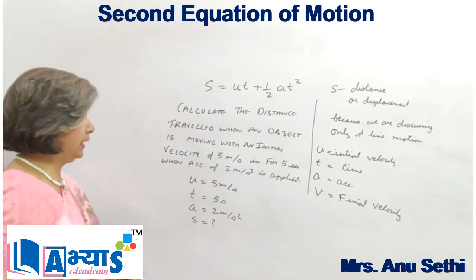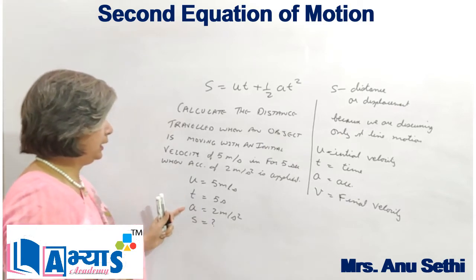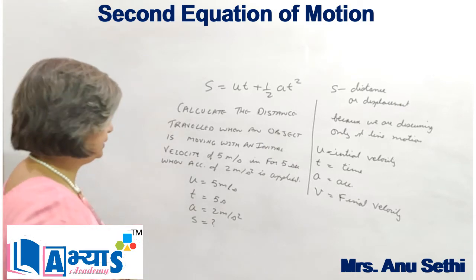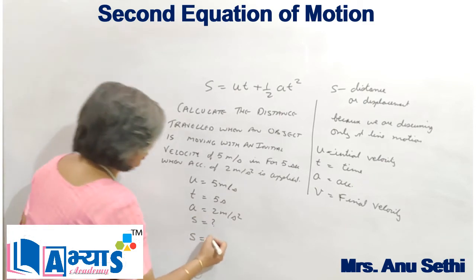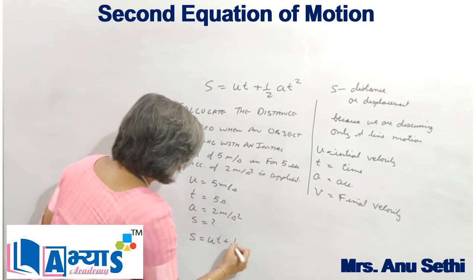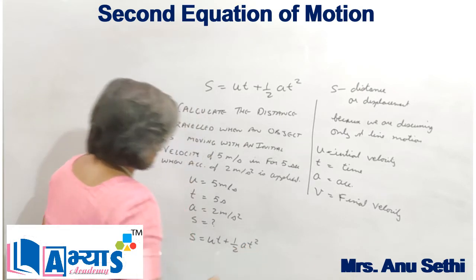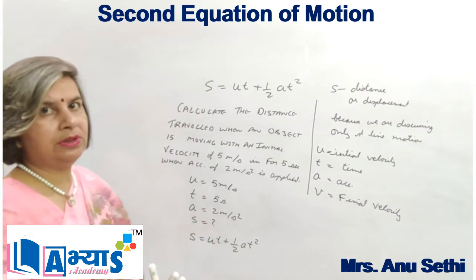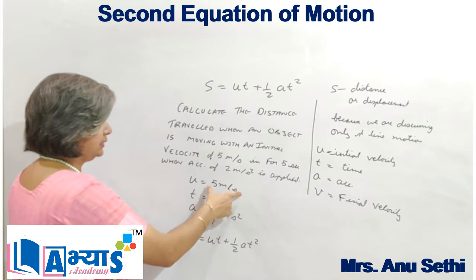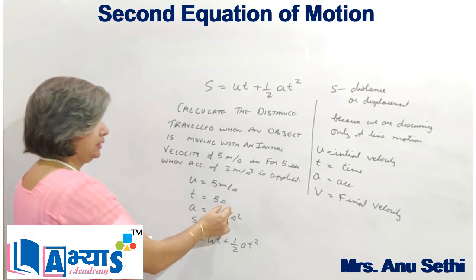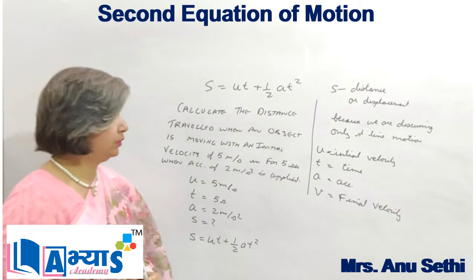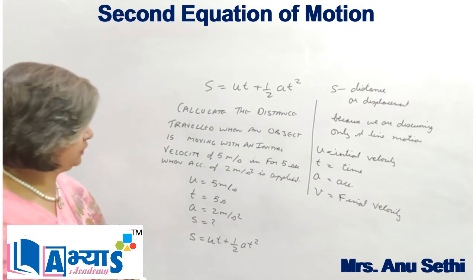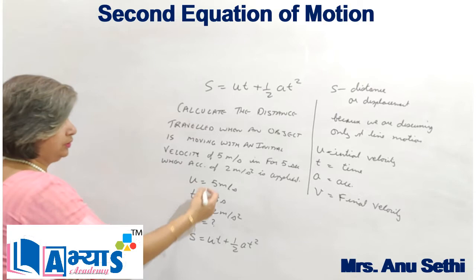As we are given u, t and a, and we are supposed to find s, the formula that will be used is the second equation of motion, s is equal to ut plus half at square. The next step is to check the units. Here it is meters per second, second, and again meters per second square. As the units are the same for all the quantities, we will not make any conversions and will directly substitute the values given.